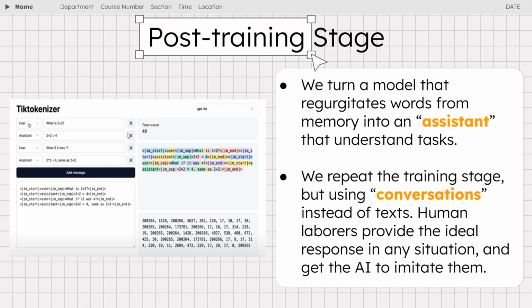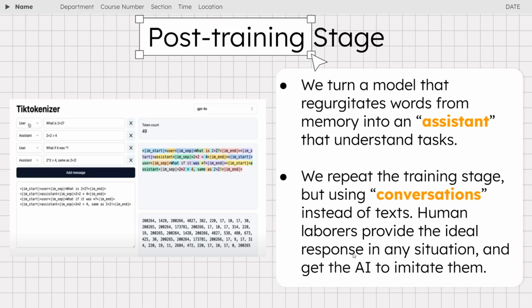And these conversations are provided by human beings. Human laborers provide the ideal response in any situation. These are professionals. They write this professionally, and they're paid to do this. And they just don't write anything.